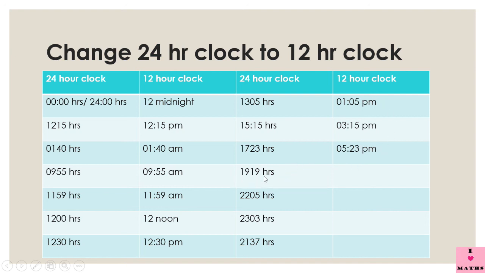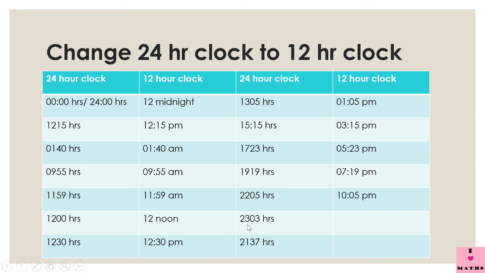Okay, 19 hours. Again, 19 is more than 13. So we have to subtract 12. So this is 7:19 PM. 22:05 hours. When we subtract 12 from this, 22 minus 12 is 10. So the answer is 10:05 PM. 23:03 hours.